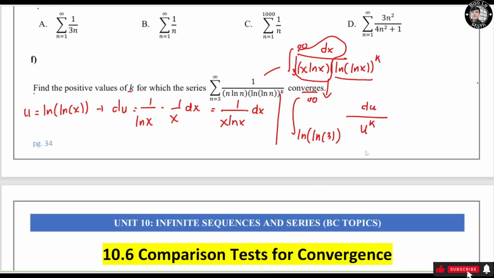Now we're going to apply the P series rule for the integrals. This integral is now in the form of a standard P integral, the integral of 1 over u to the k du, which converges if and only if k is greater than 1, right?